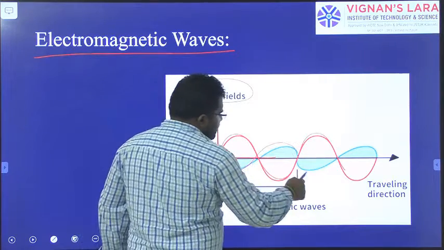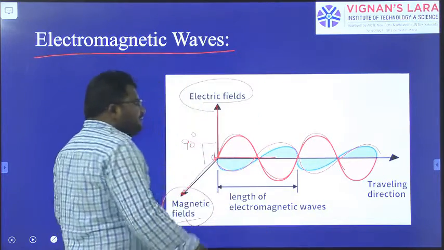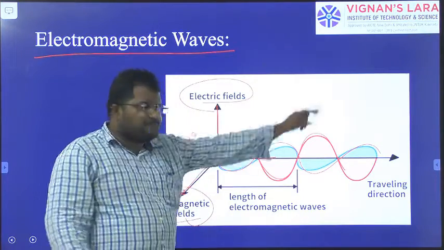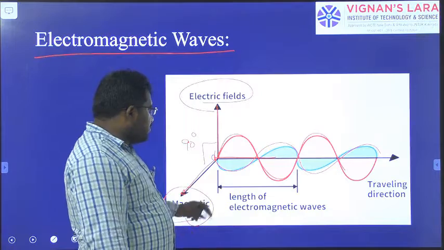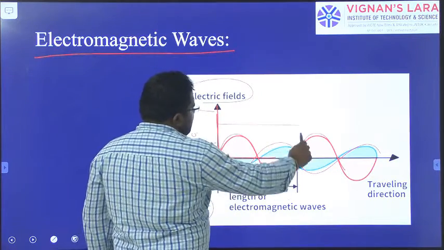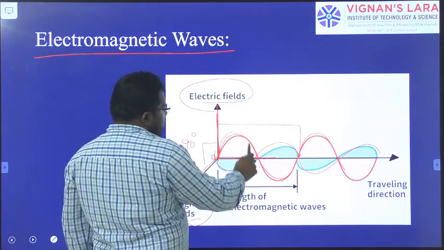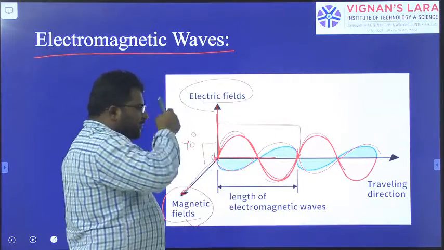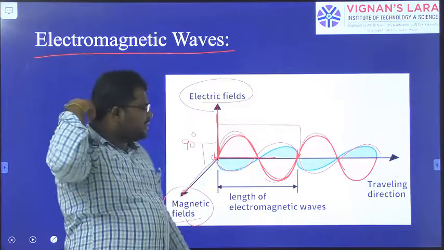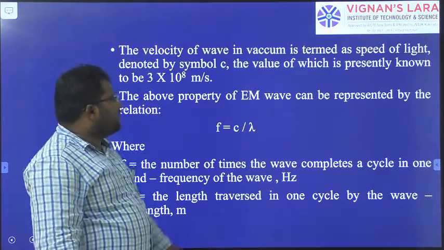One field is like this, another field is like this, both at 90 degrees to each other. Waves will pass like this, and this is the length of the electromagnetic wave. From here to here is one length. Taking crest to crest or trough to trough, whatever distance is there, that is the wavelength of the electromagnetic wave.